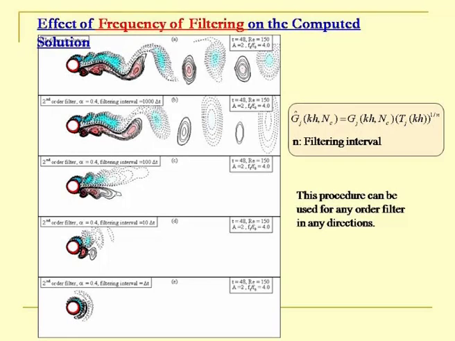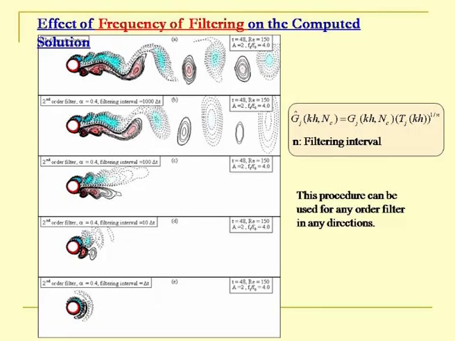But since I am doing it after n time steps, the resultant amplification factor would be Gj of the original method times the transfer function raised to the power 1 over n. So you could actually reduce the intensity of filtering by doing infrequent filtering, right? That is what is being suggested here, and you could apply this procedure for any order filter in any direction.